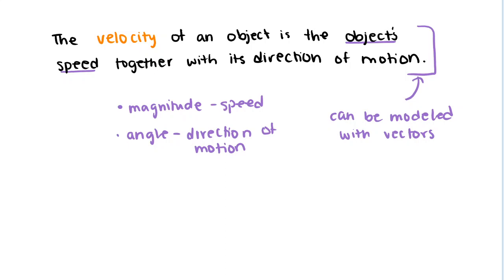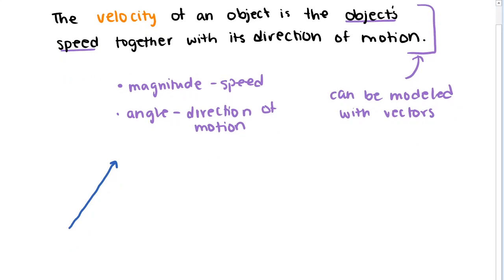So for example, let's say I have some runner, and let's say they're running 8 miles per hour in a particular direction. Well, here I can think of this length of this vector being 8 as representing the 8 miles per hour. And then the direction of the vector is telling me which direction this runner is running.